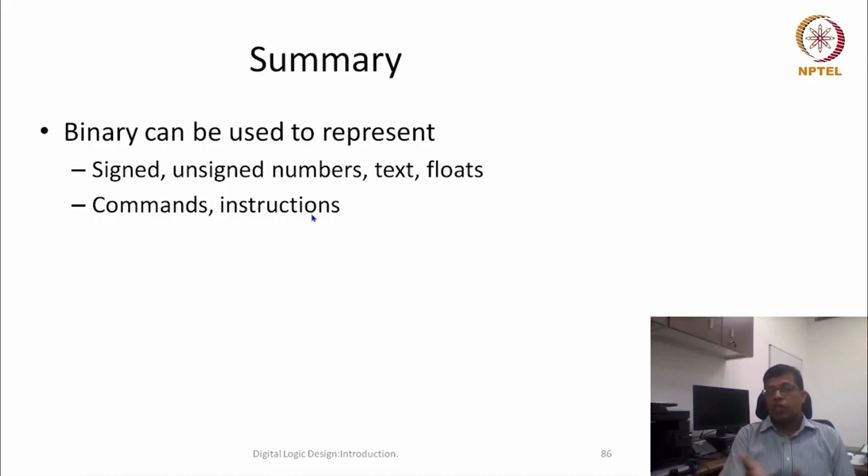I can represent it using 2's complement, 1's complement, offset method, or sign magnitude method. So all these combinations are there, and the same zeros and ones can be used to represent some symbols, some text. And the same zeros and ones can also be used to represent floating point numbers, as we have discussed in this lecture.